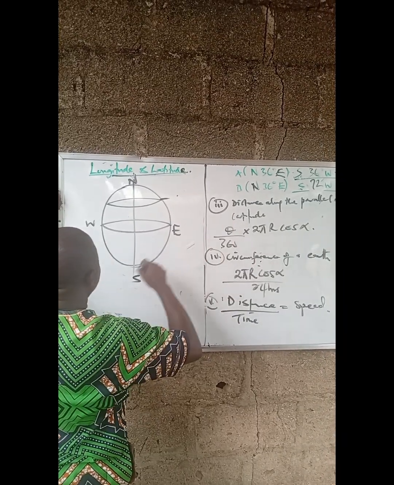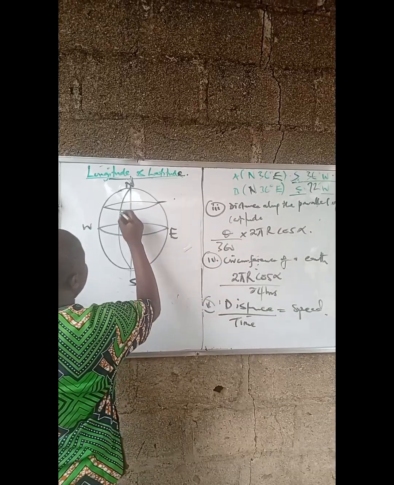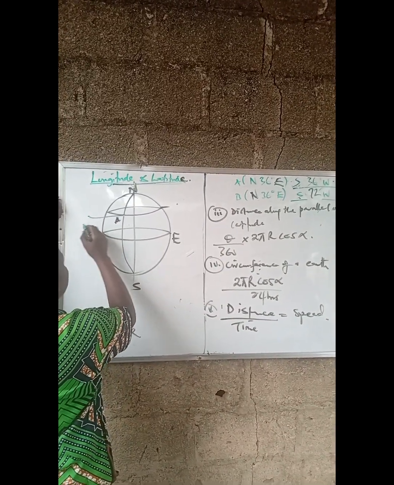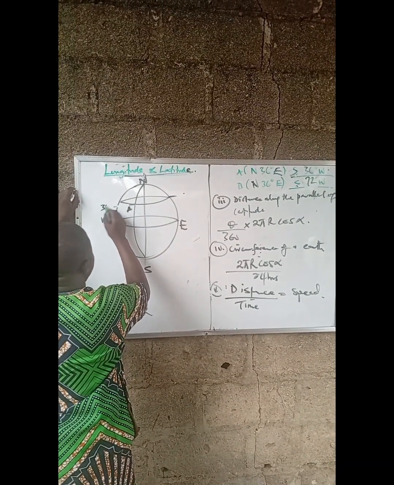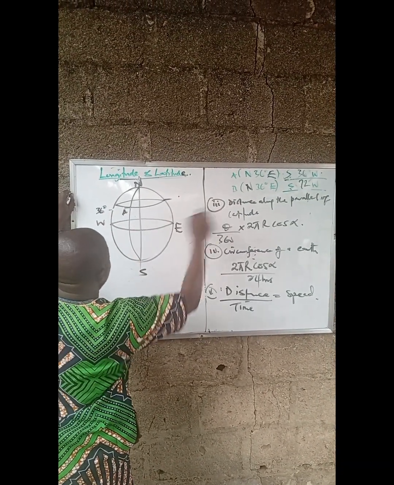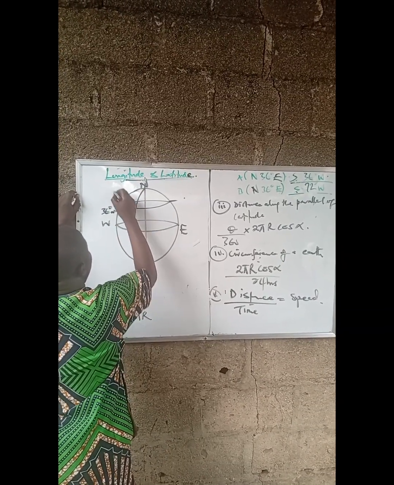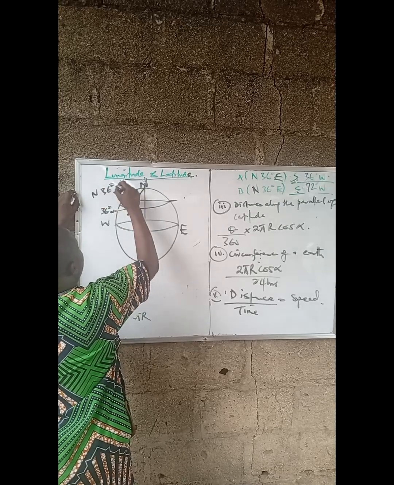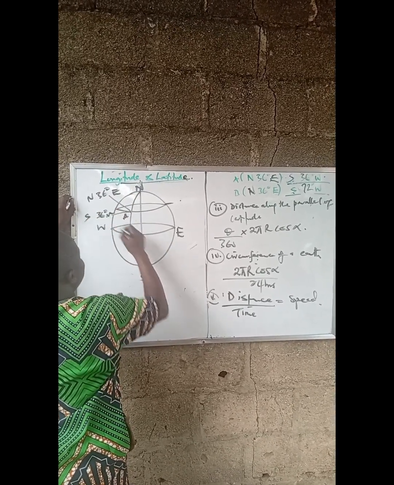Now let's look at the southwest. Where is southwest? Here. But you can't draw two of this. Now you have this as A. This as A now means that here is our A now. And here we have it as 36 degree west now. Here is the west. And here is also another 36 degree northeast. Here is southwest.